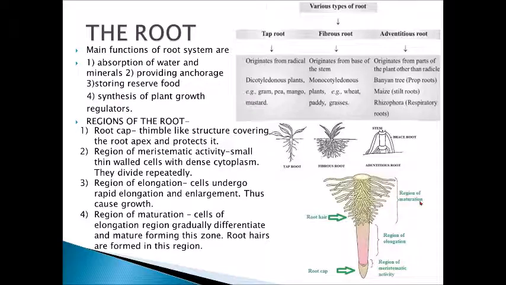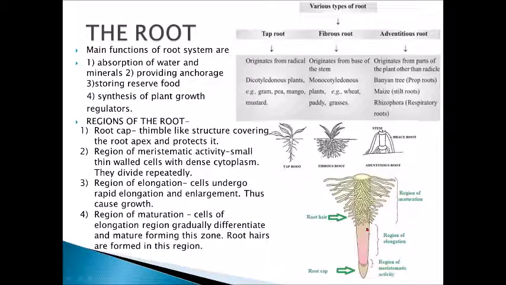The next region is the region of maturation. Cells of the elongation region gradually differentiate and mature, forming this zone of maturation. Root hairs are formed in this region. You can see here, these are the root hairs, and this is the region of maturation.